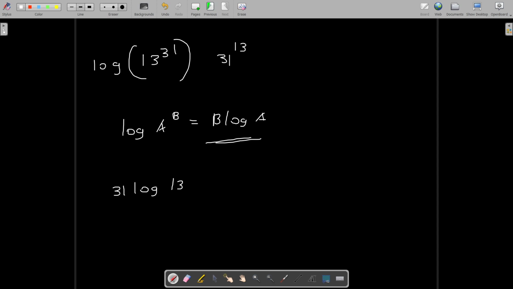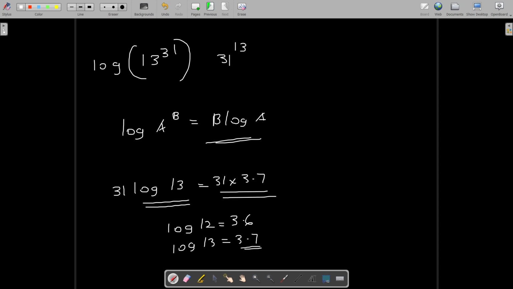Now we have to find the approximate value of log 13. Log 12 is between 8 and 16, so log 12 is equal to 3.6. So you can say log 13 is approximately 3.7. So 31 log 13 is equal to 31 times 3.7. Just leave it as it is.